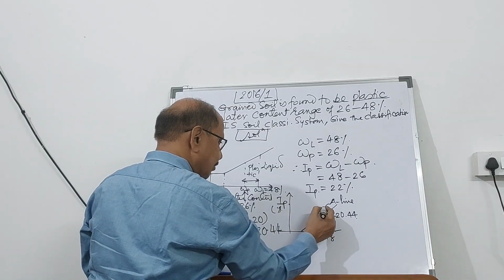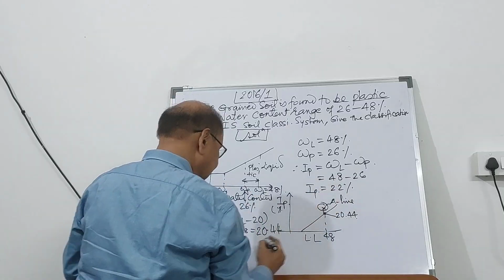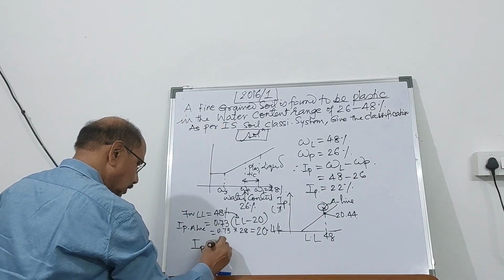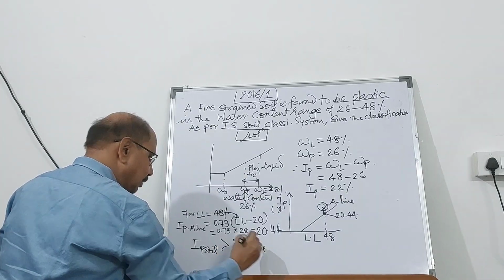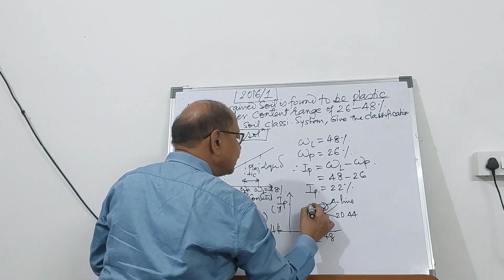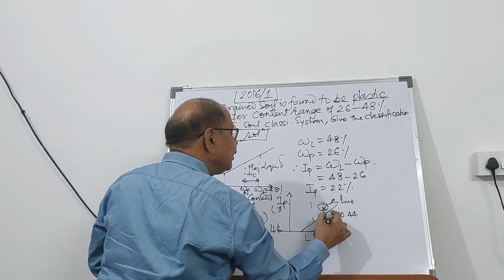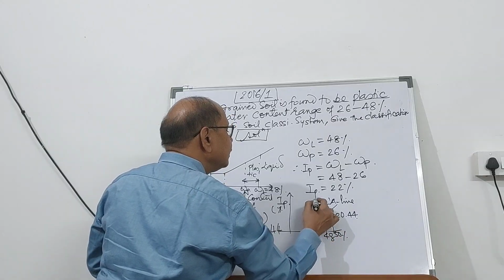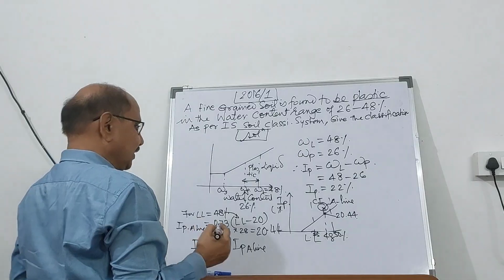That means the point is above the A line. So for this soil, the IP is greater. So IP of soil is greater than IP of A line. That means the point is above the A line. And you know that for the range of 35% liquid limit to 50% liquid limit, it is going to be CI, between 35 and 50.